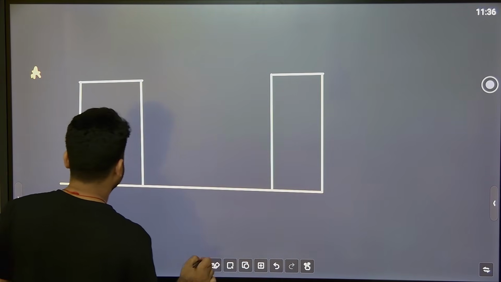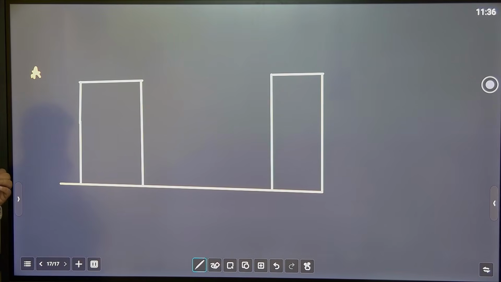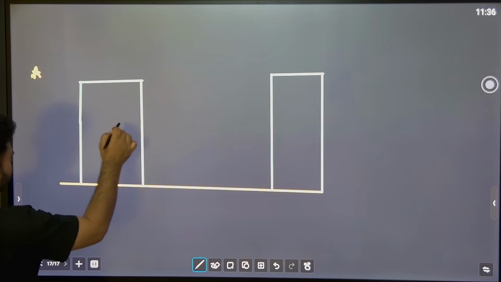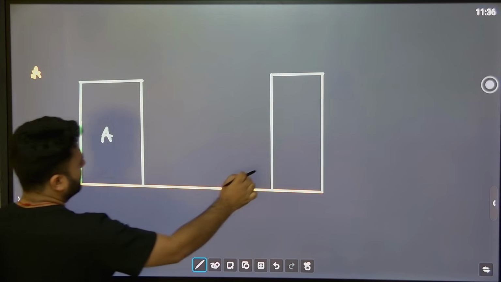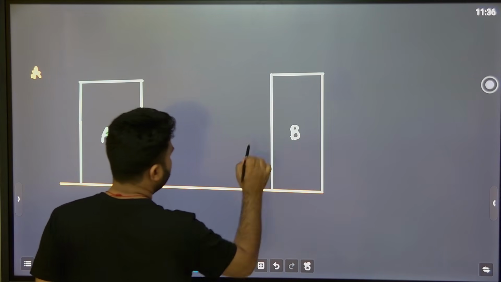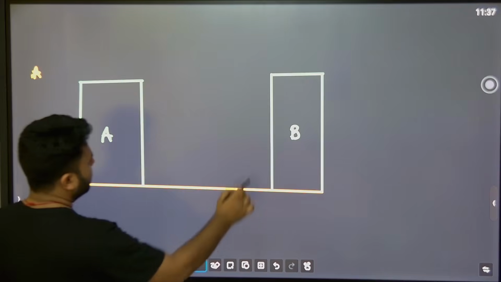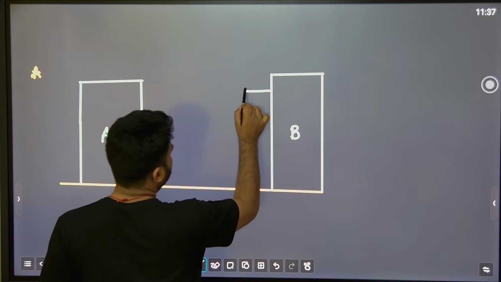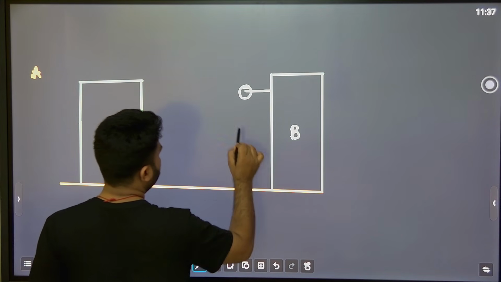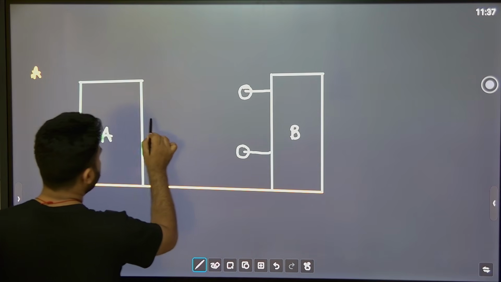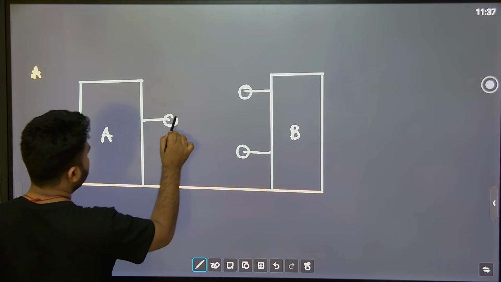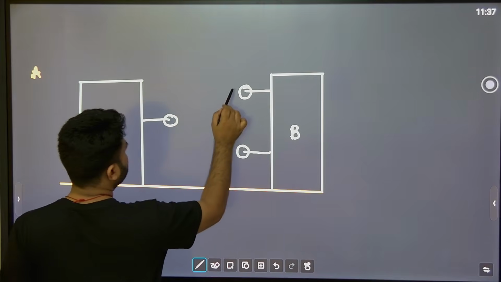So we have two masses, correct? Suppose this is mass A, this is object A, this is object B. Here we have pulleys like this. You see the arrangement.